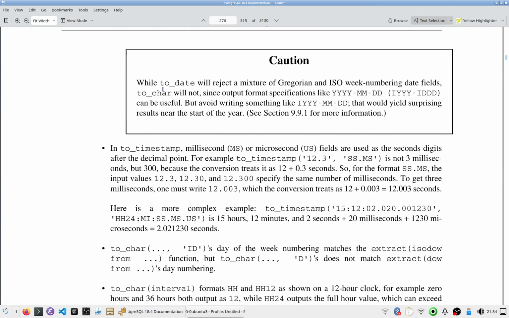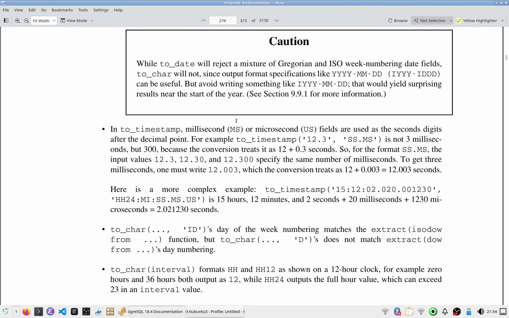We have a caution: while to_date will reject a mixture of Gregorian and ISO week-numbering date fields, to_char will not, since output format specifications like YYYY-MM-DD or IYYY-IDDD can be useful. But avoid writing something like IYYY-MM-DD. That would yield surprising results near the start of the year.